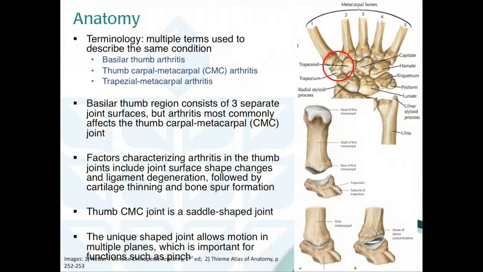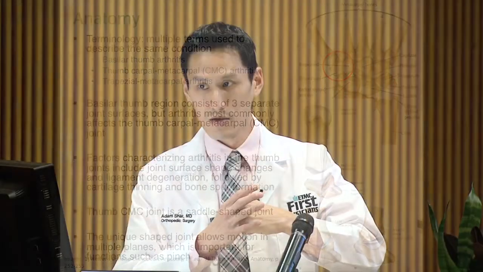So you have multiple planes of motion. I can go out, I can go back in, and I can also try to put my hand to the palm, which is a very important function in the hand. If you look at the bottom right, you can see how in one plane, this is a nice concave, convex area, and everything just conforms pretty nicely. You've got kind of like the ball and socket equivalent of it.